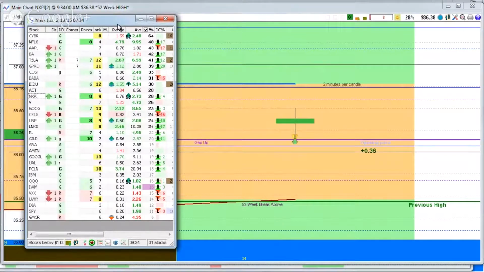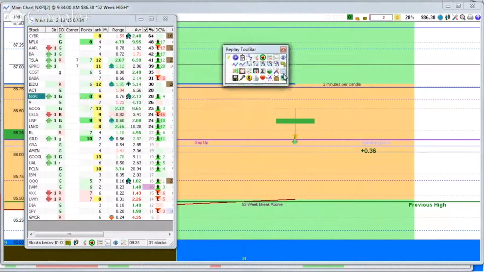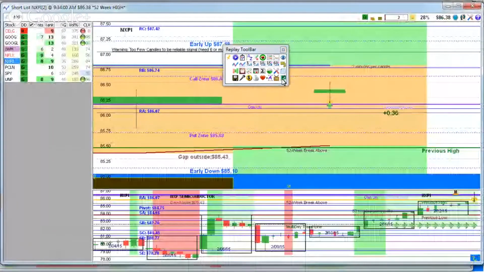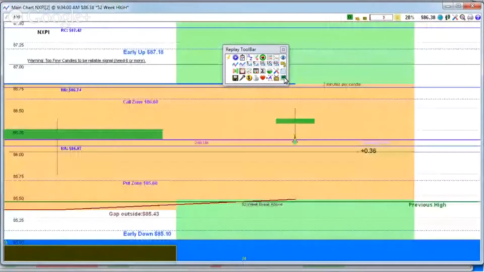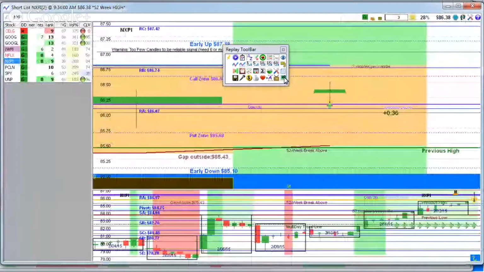Anyways, I'm good with this, but what we do is we start people out with the basic list, and that's on purpose. And I'm going to talk to you about what I use and why the basic list exists. This is called the short list, and you just get it by clicking this thing here. It will switch to the main chart, or make it into a short list with the 60-minute on the bottom.